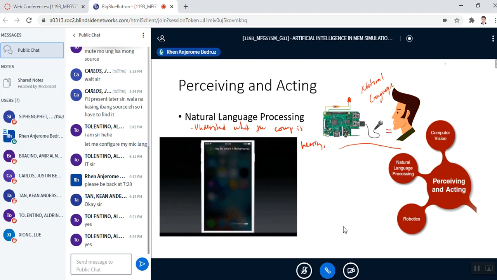For example, I'm saying perceiving and acting, computer vision, natural language processing, robotics.